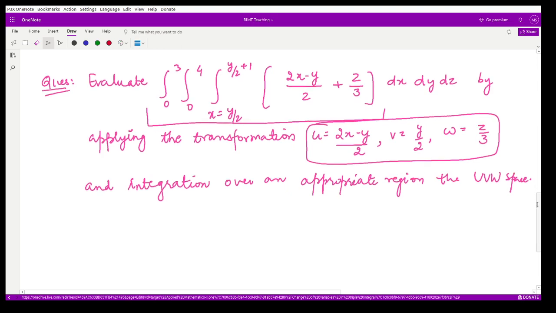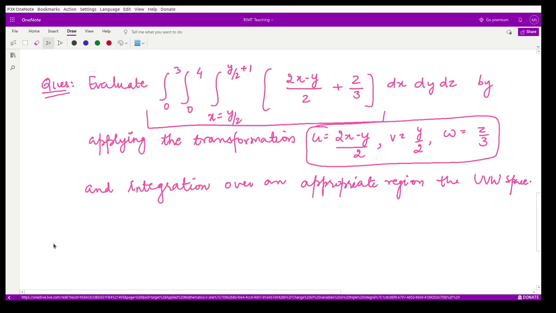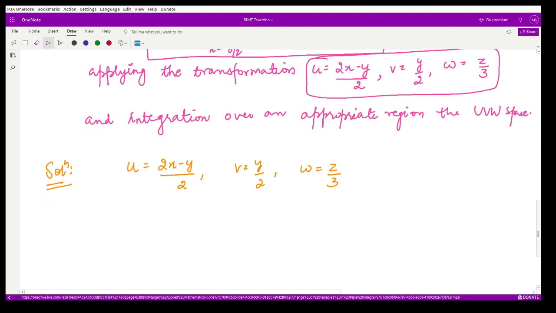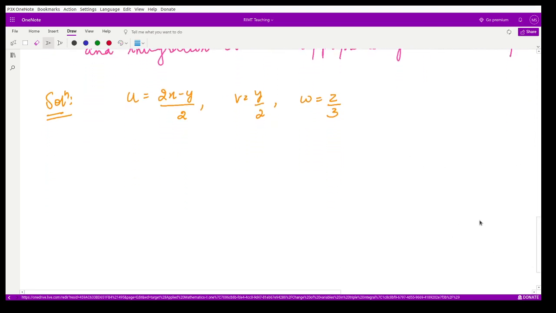So let's see the solution. We are given the transformation u is equal to 2x minus y by 2, v is equal to y by 2 and w is equal to z by 3. We can calculate from here the values of x, y, z in terms of u, v, w.